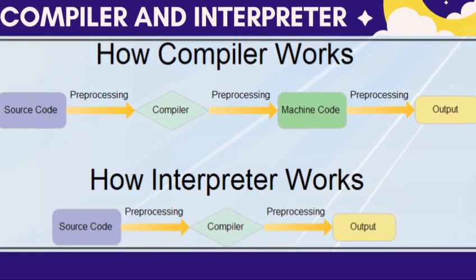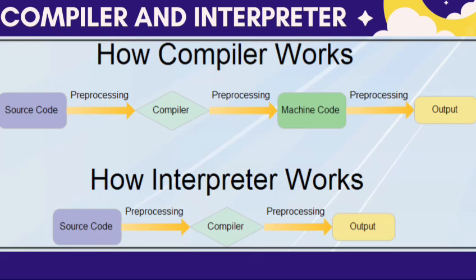Moving away from there, we'll talk about compiler and interpreter. Now, compiler, from what we said, is when you are translating a high-level language to a machine language. You've written your program. Now you want to output your results. There's what we call the compiler.